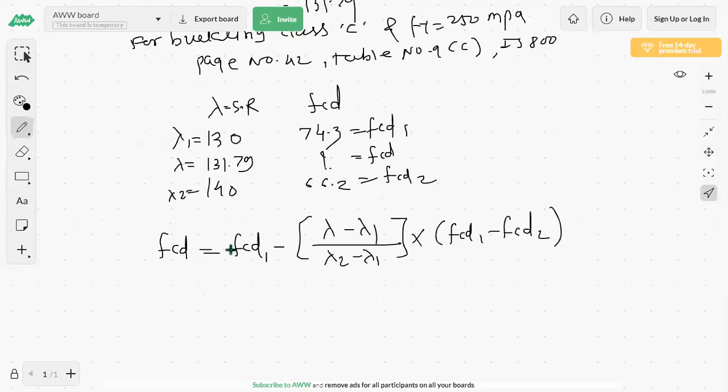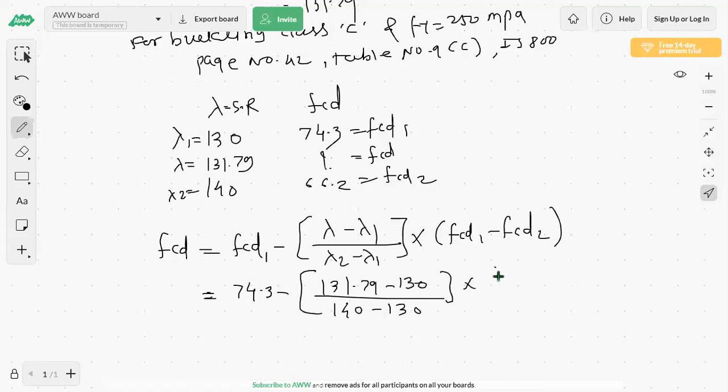Correct? So FCD1 is 74.3 minus (131.79 minus 130) divided by (140 minus 130) into (74.3 minus 66.2). Now calculate FCD.